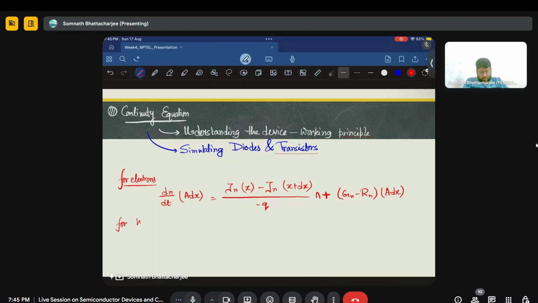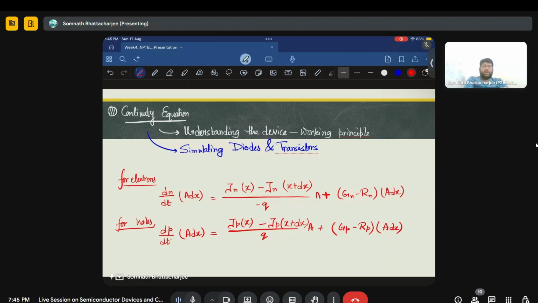Similarly for holes, the equation is dp/dt times A dx equals Jp(x) minus Jp at a slightly displaced position, divided by q, as the charge is positive, times A, plus (Gp minus Rp) multiplied by A dx.